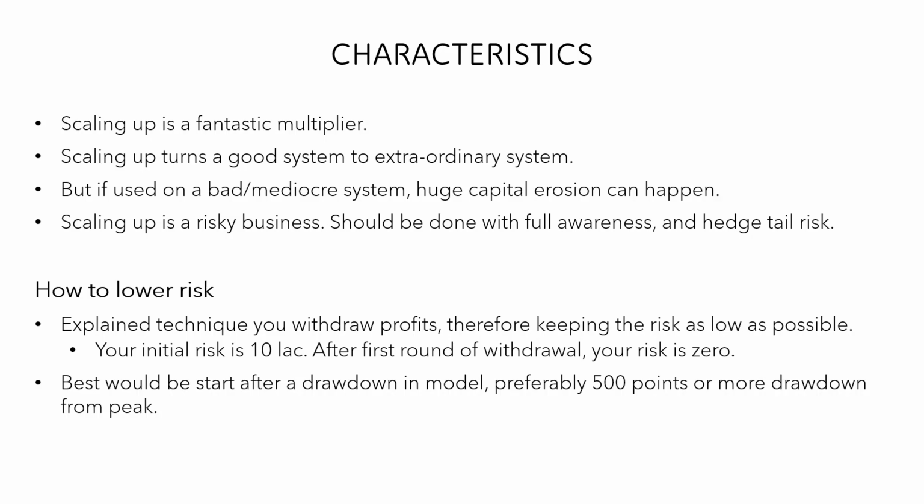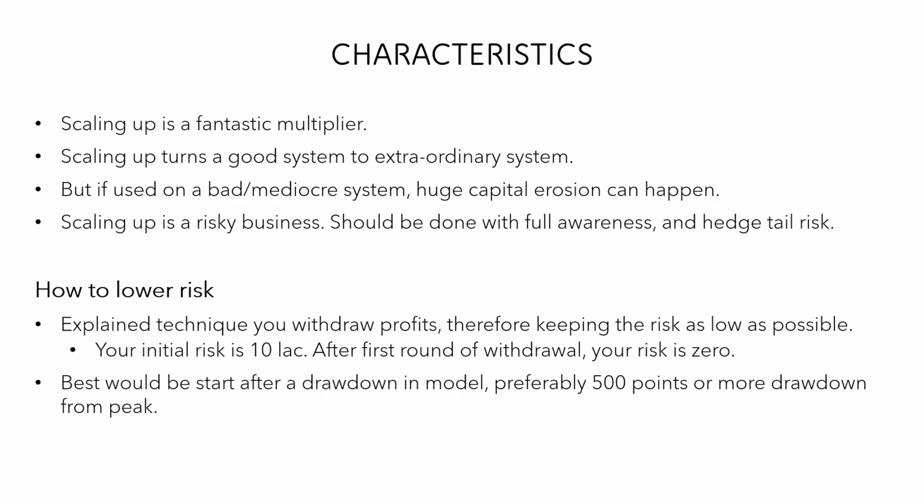Model one breaks the equity curve high very often, once in 1 or 2 months, which means it is a good system. Now, scaling up is a risky business, no doubt about it. That is the reason we said to utilize only half of your capital and always keep half of your capital aside. The second thing we said is to withdraw 50% of your profits, or 10 lakh of your profit, and then continue to go back to the base.